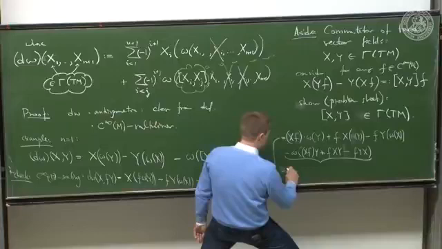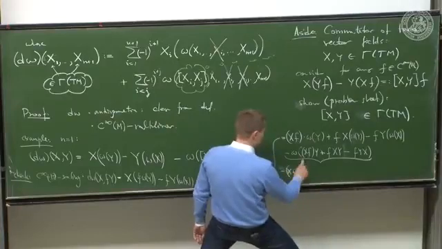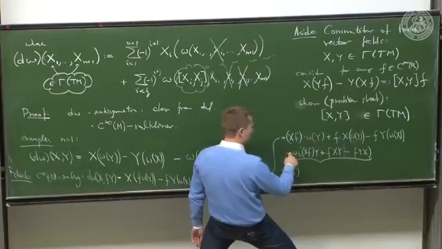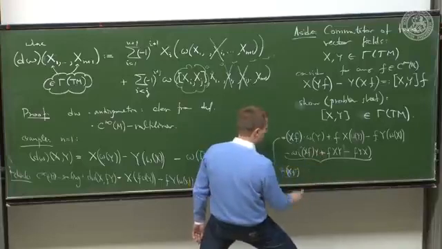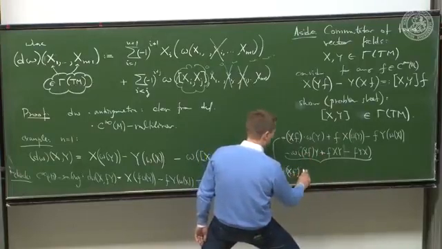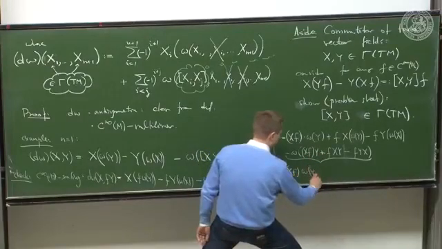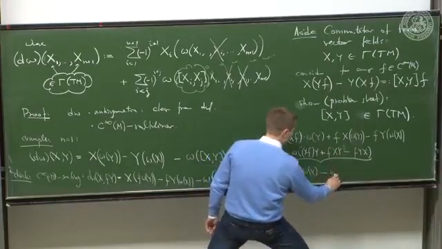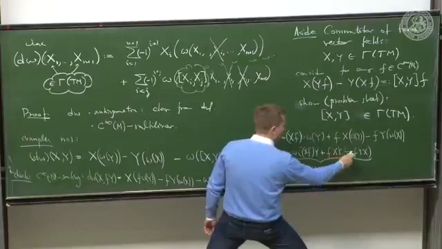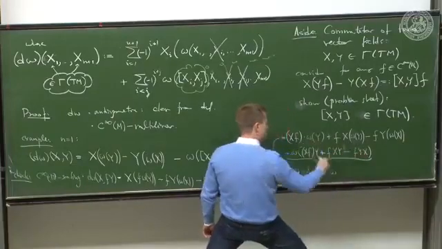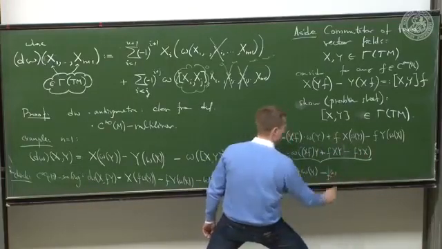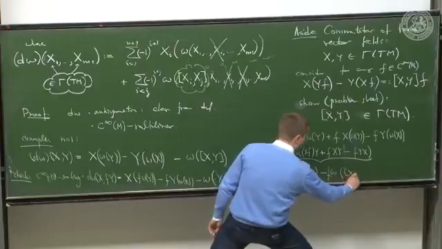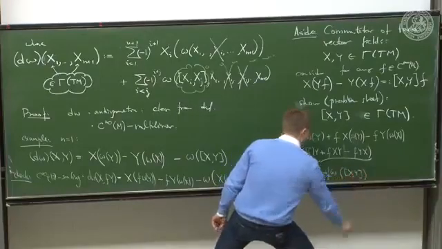This is minus xf, because xf is only a function that jumps in front of the omega, because this is a covector field, xf omega of y. And then the remainder here is minus omega fxy minus fyx, but the f jumps in front, so I can put the f here, omega of x and y.